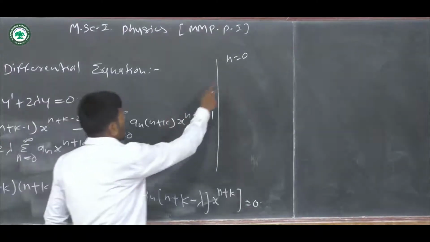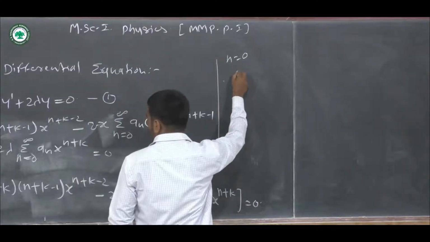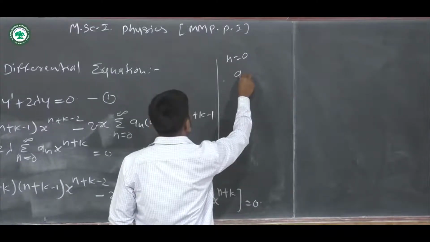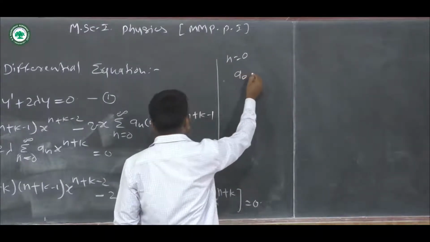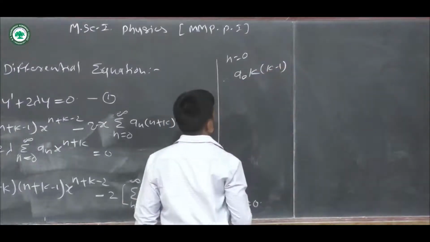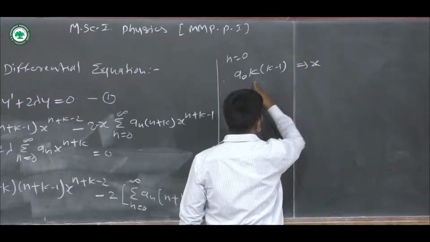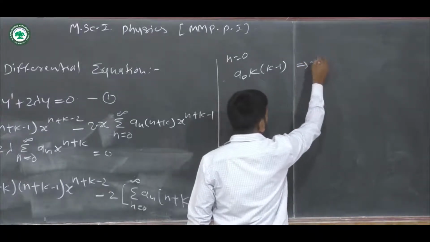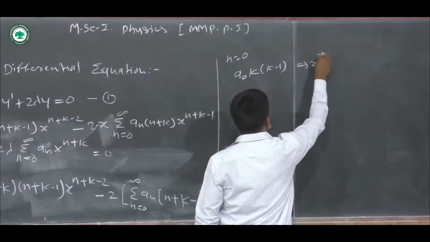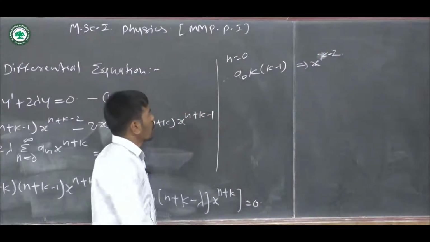If I put n is equal to 0 in the first summation, it is a0 into k into k minus 1. The lowest power of x is x power k minus 2 when I put n is equal to 0. This is the coefficient.